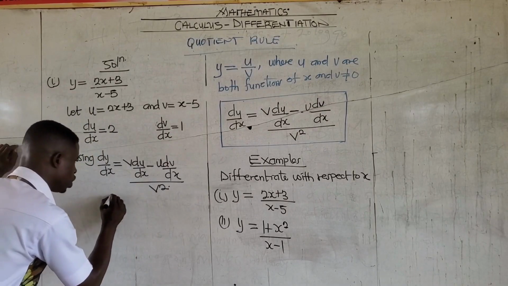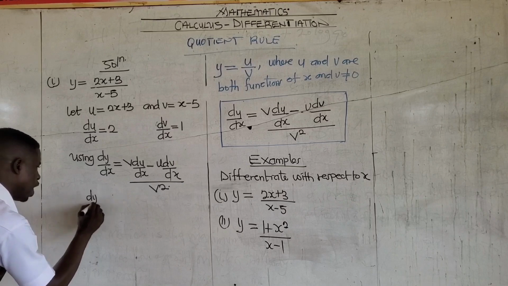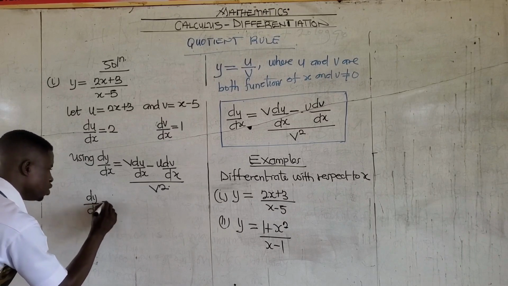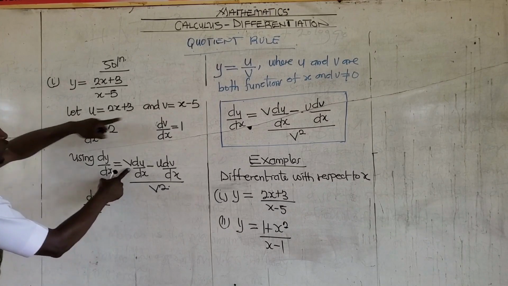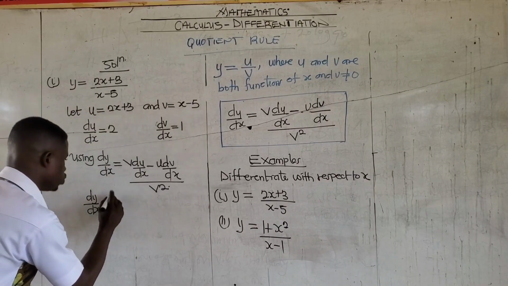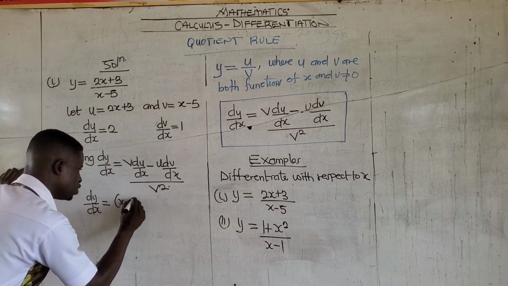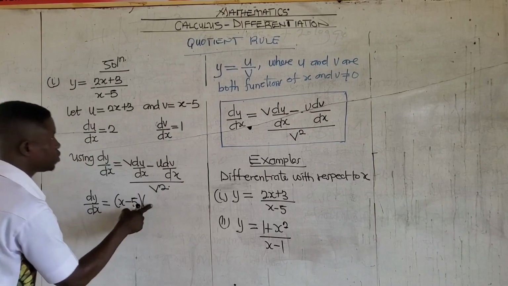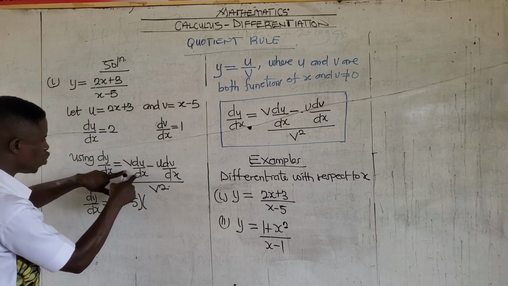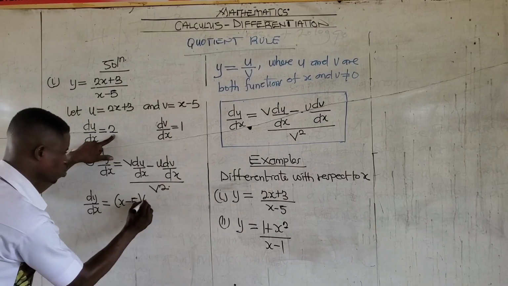In this case, dy over dx is equal to v, which is x minus 5 in brackets, multiplying du over dx, which is 2.